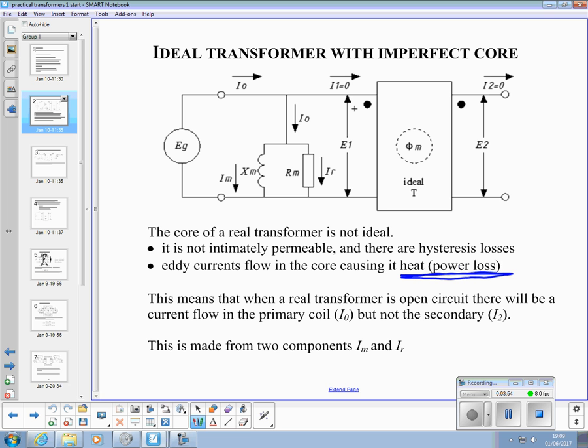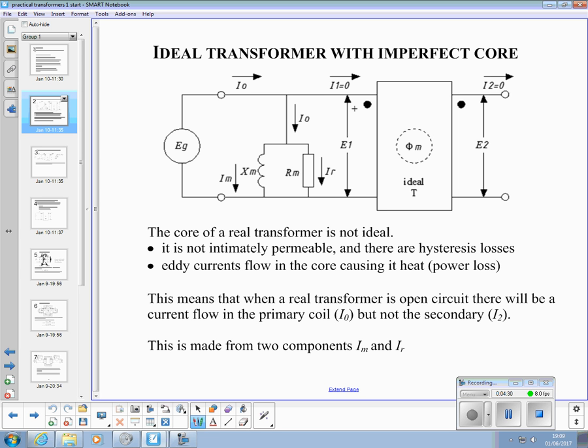And then this current through here, through Xm, represents the magnetizing current. That's why it's an inductor, because it's the current taken to magnetize that primary winding. And that will flow regardless of whether there's anything connected to the secondary side. Okay with that so far? So it's made up of two components, Im and Ir.